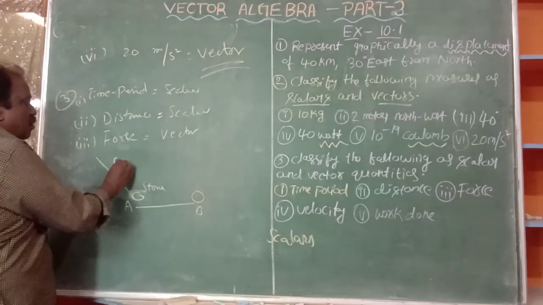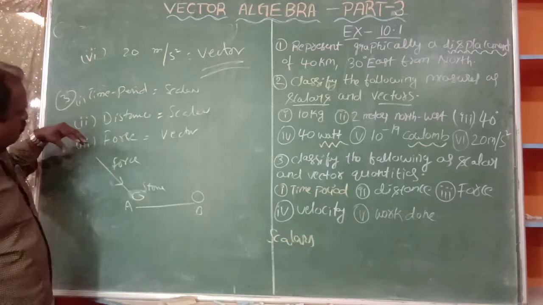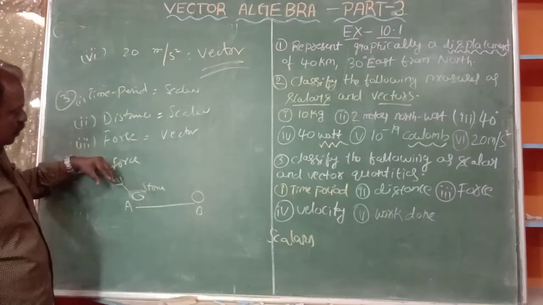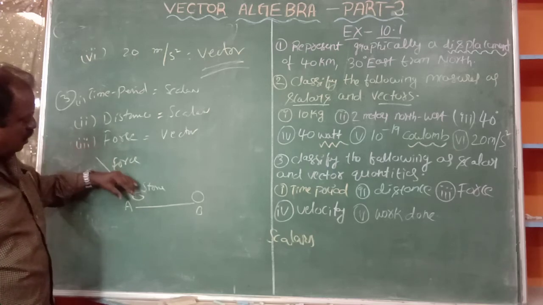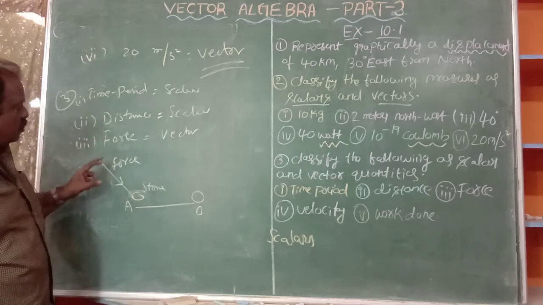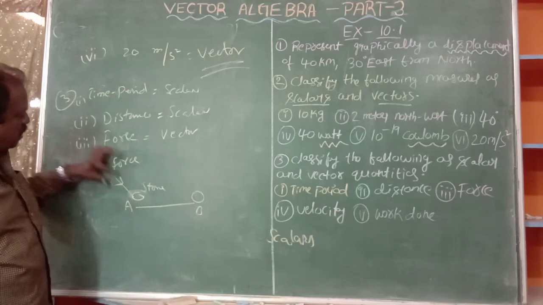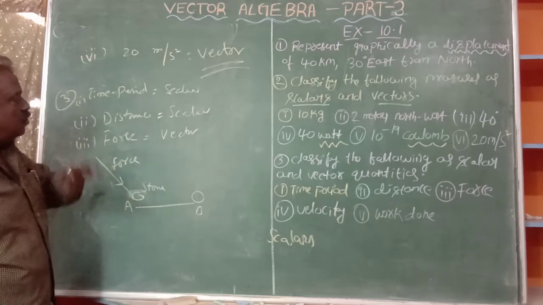Here it is force. Some magnitude is applied by our hand on the stone through the stick or rod. So that is called force. Here magnitude as well as direction is there. So it is a vector.